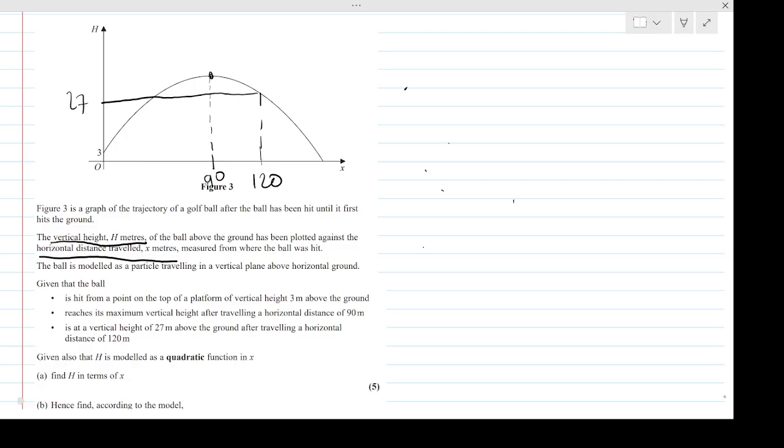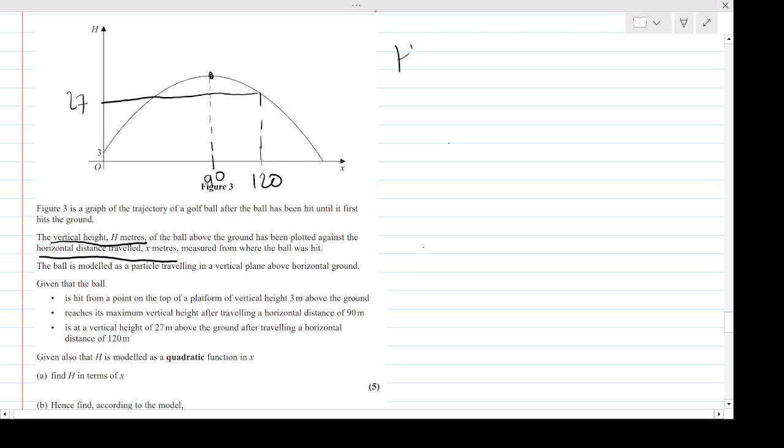It's also given that h is modelled as a quadratic function in terms of x. Find h in terms of x. Well, again, it's the exact same sort of problem as last time. We need to find an equation, a quadratic equation.